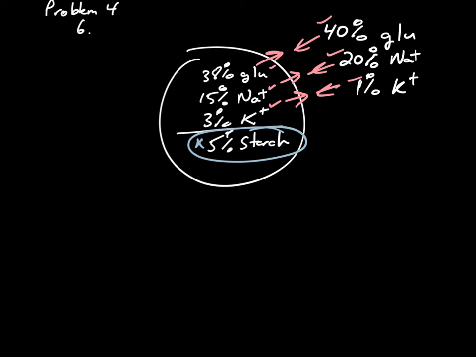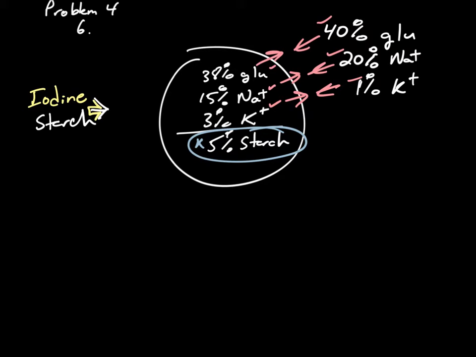So iodine is a yellow solution. Starch solution is white. So iodine is yellow. Why don't we go ahead and use yellow? Iodine is yellow. It's a yellowish solution. And starch is white. And when you mix the two together, you get kind of a purplish black.